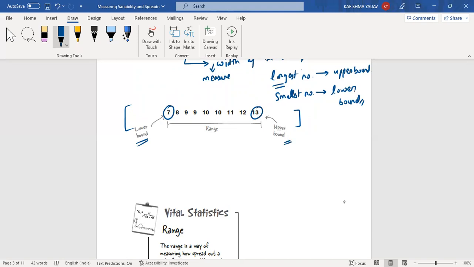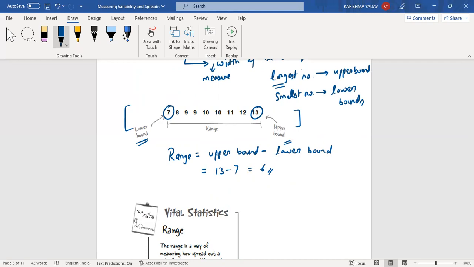So what is my range here? My range is upper bound minus lower bound, that is 13 minus 7, which equals 6. So subtracting the lower bound from the upper bound gives us the range.